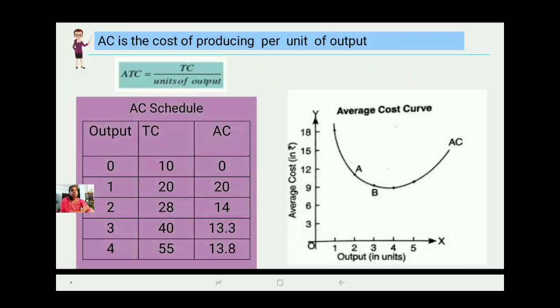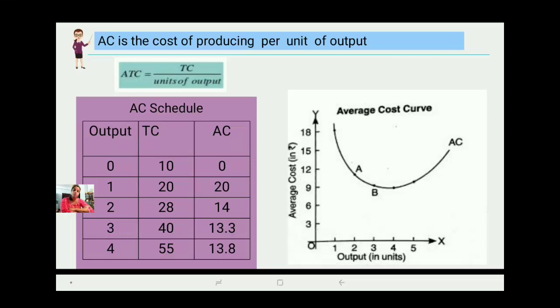Now the average total cost, or average cost. The average cost of producing is the cost of production per unit of output. Average total cost is the total cost divided by the units of output produced.